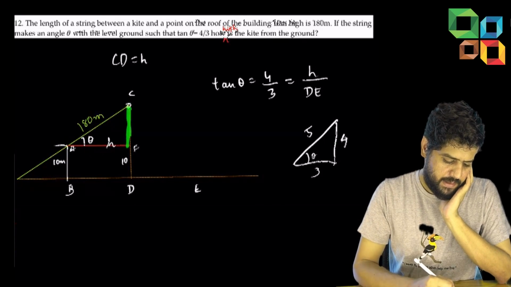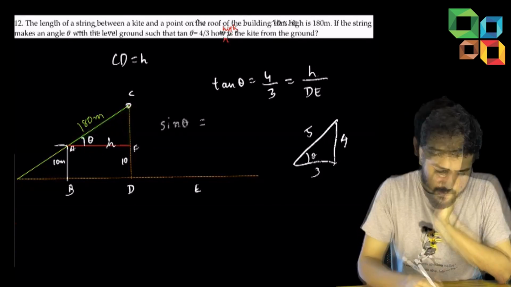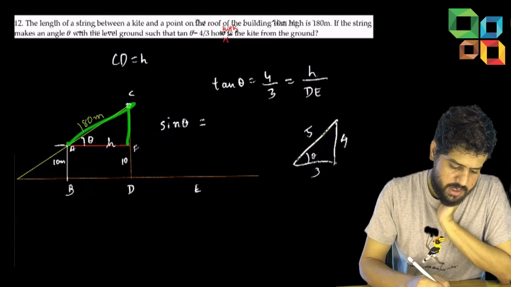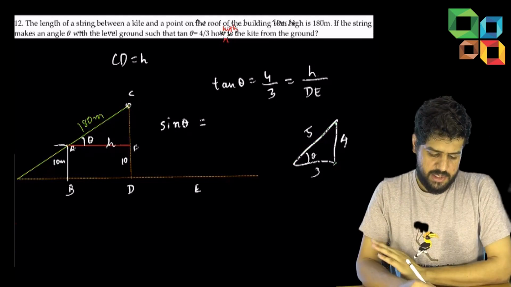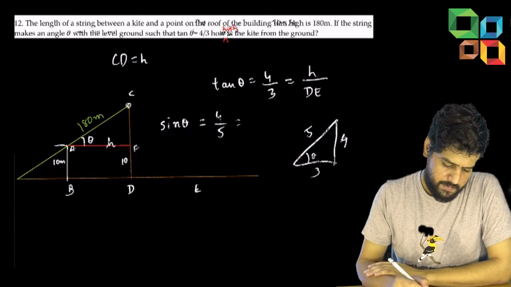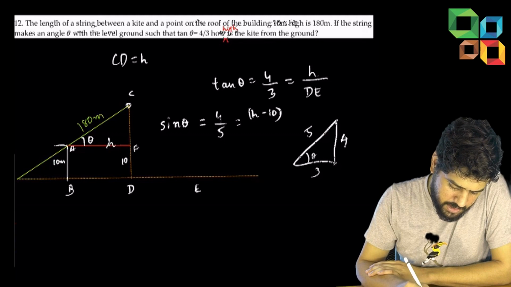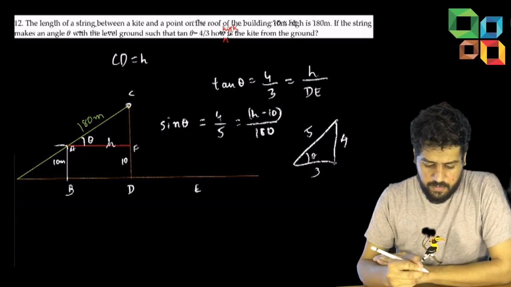We need this height. This length is given, which is opposite by hypotenuse. So sine theta is 4 by 5, which is h minus 10 by 180.